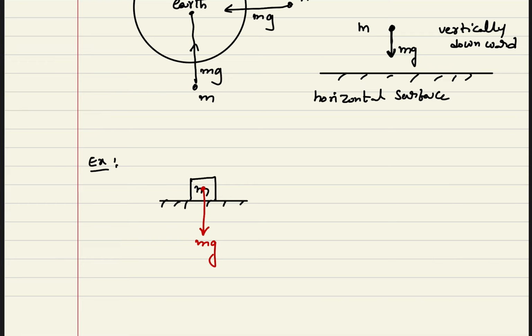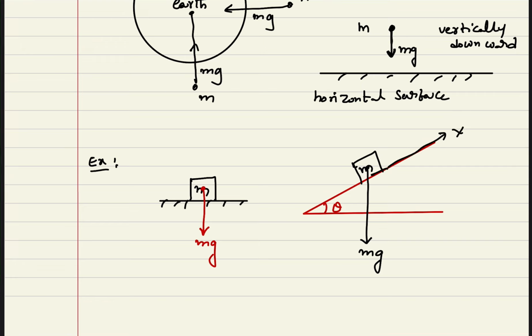Now if I take a body of mass m placed on an inclined plane, its weight will act in the downward direction. If I resolve this weight into two components along the x-axis and y-axis, the components are like this.